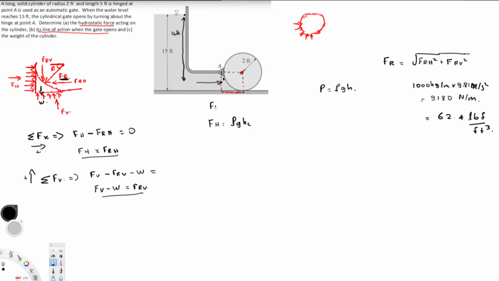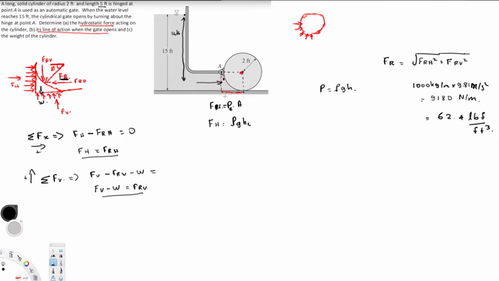First, FH is equal to P times A, let's say Pc, pressure at the centroid, times the area. In this case, area is going to be 2 times, we know this is 2, and they have given the inside length 5.